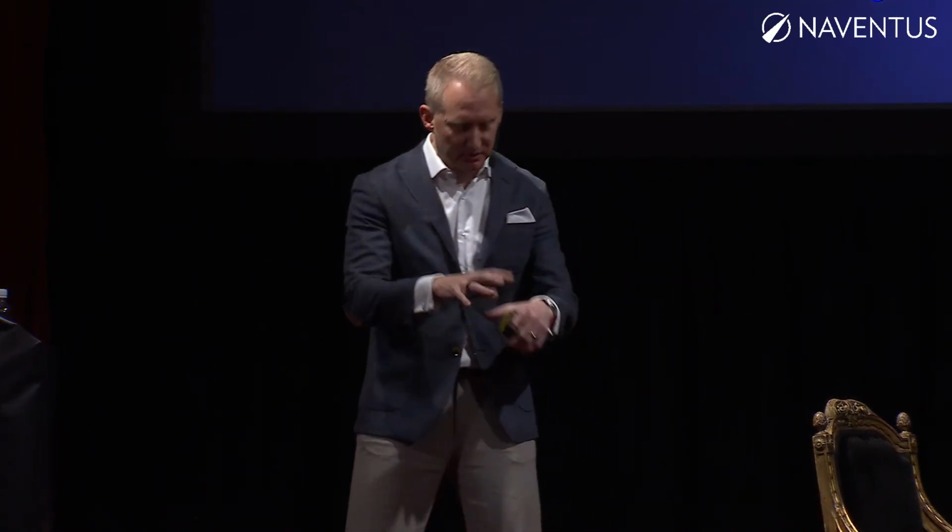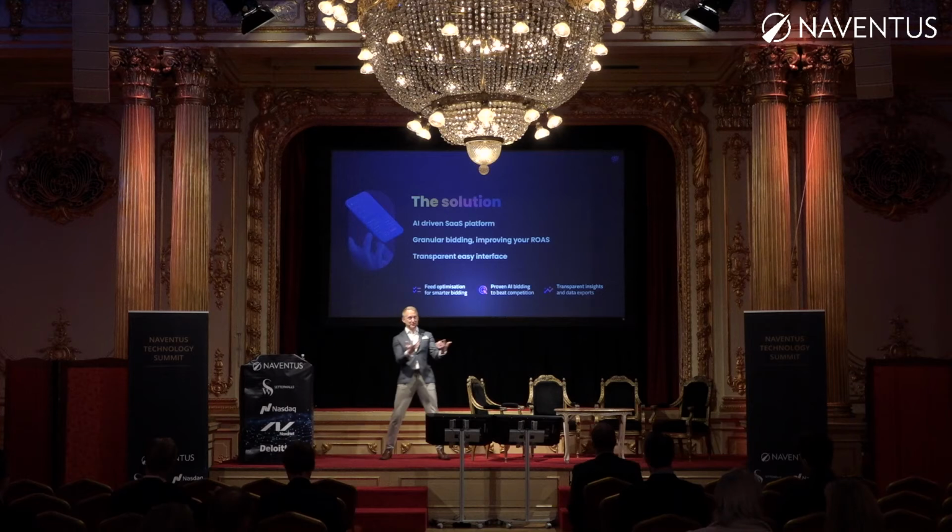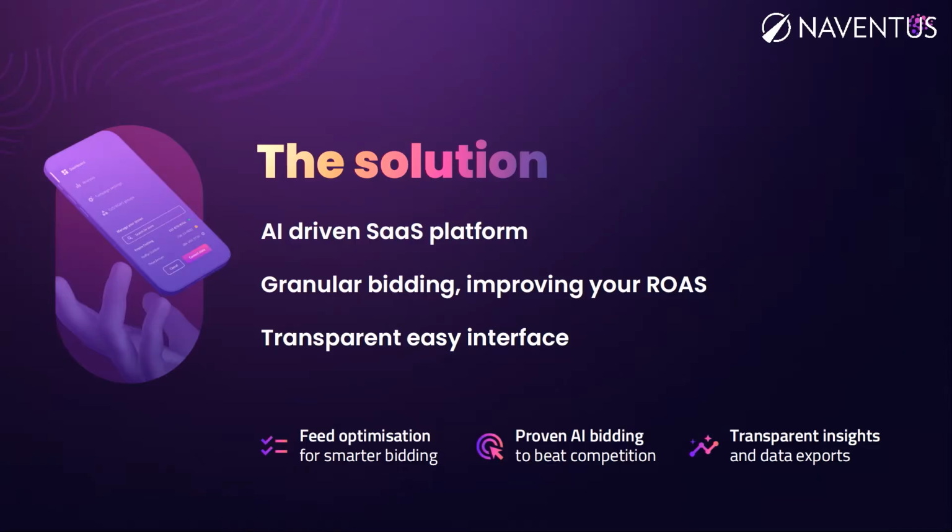And it's as transparent as possible because many AI solutions tend to be some sort of a black box. You put something in, you get something out. Don't ask me what happens in there. But we try to make this service as easy to use as possible, but also as transparent in terms of what works and what doesn't work.